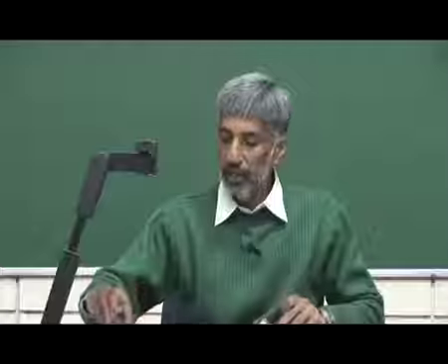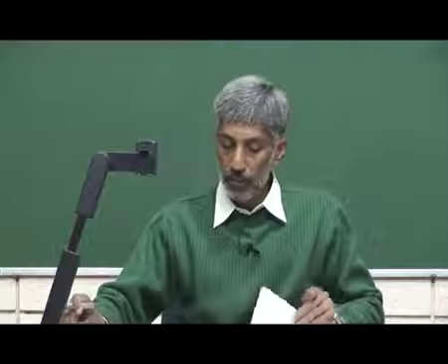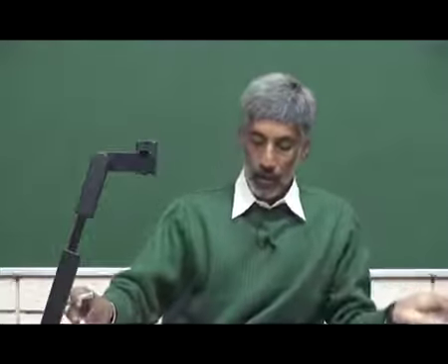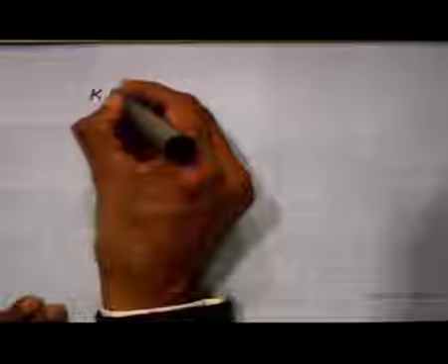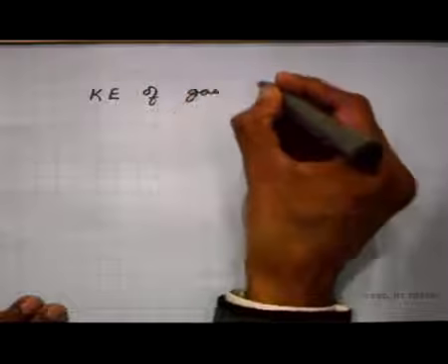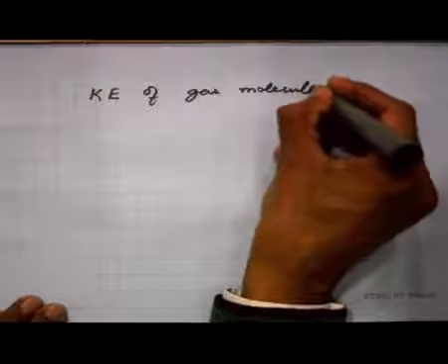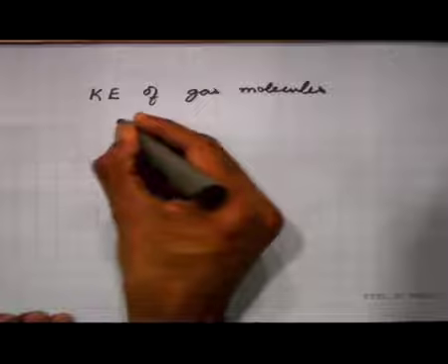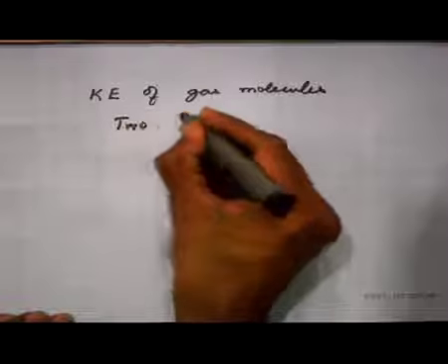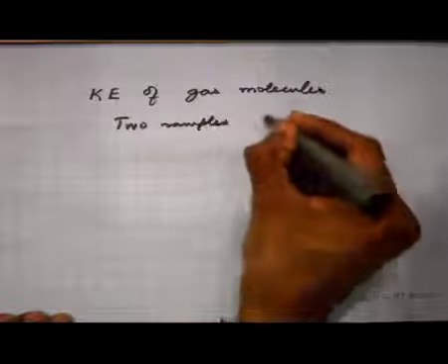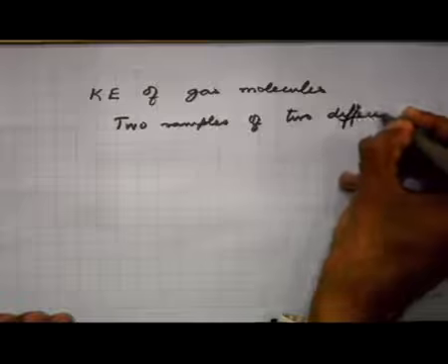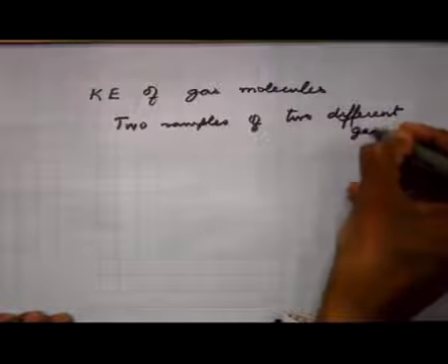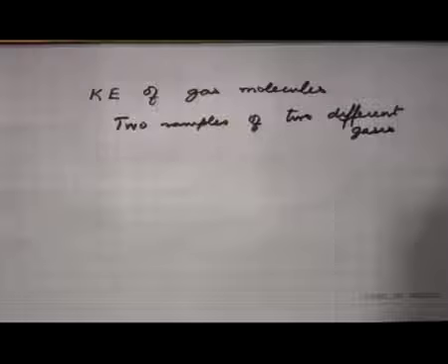Okay, so that is one prediction that we have from kinetic theory. Let us also look at the kinetic energy of the gas molecules a little bit. To do that, we will look at two samples of two different gases under identical conditions.